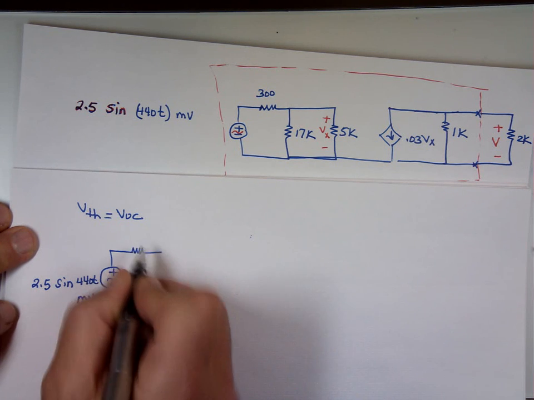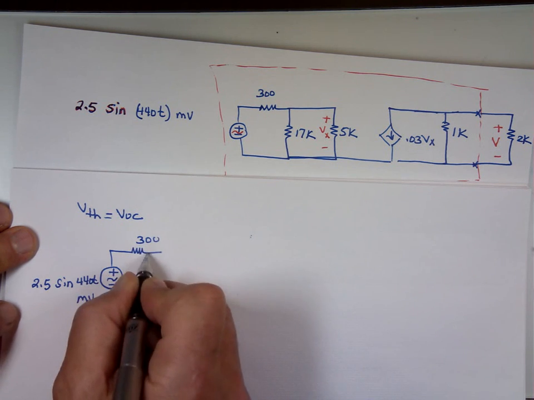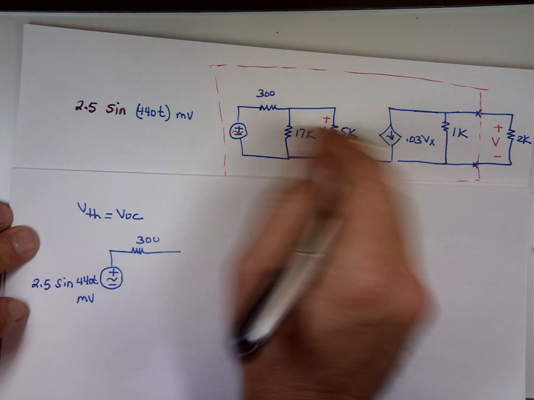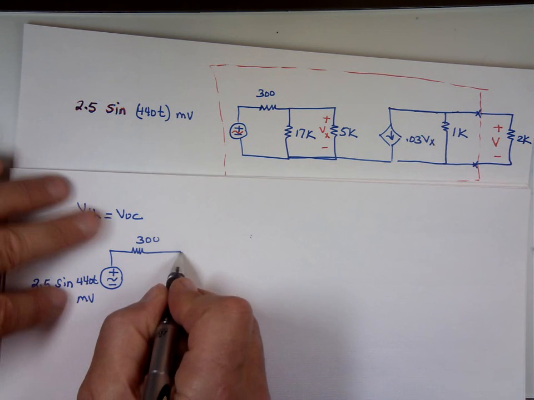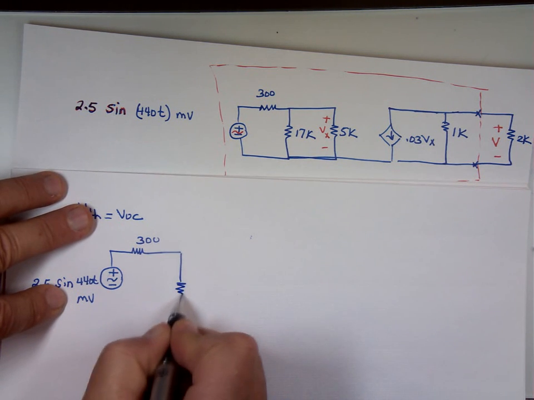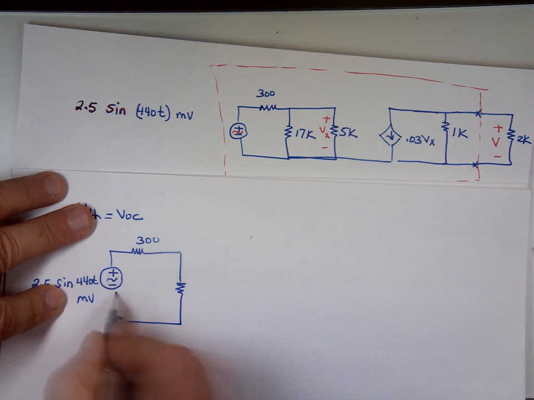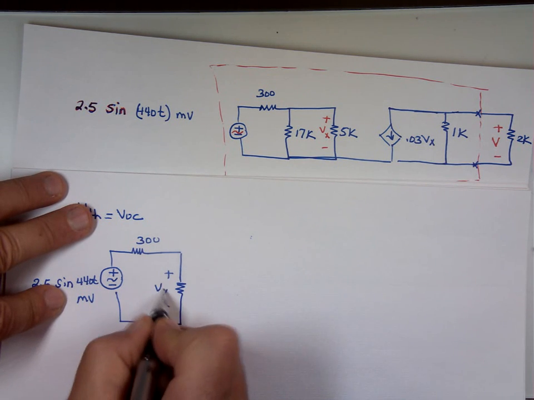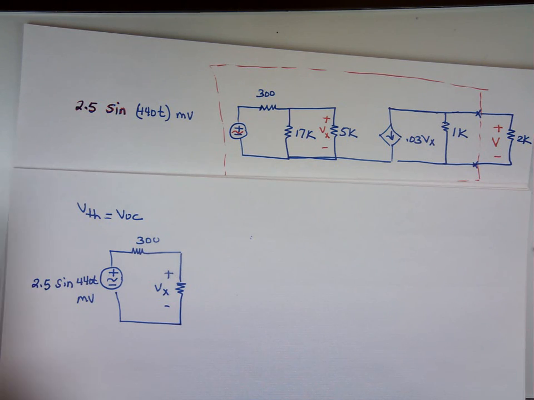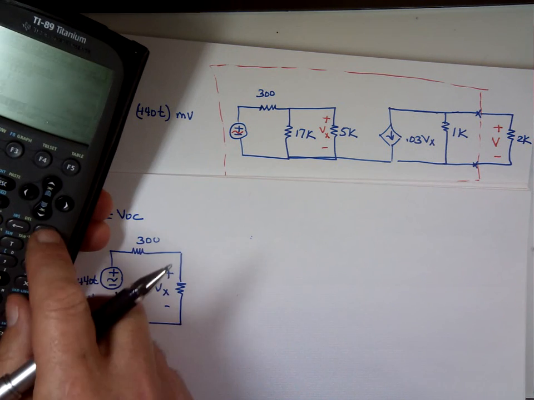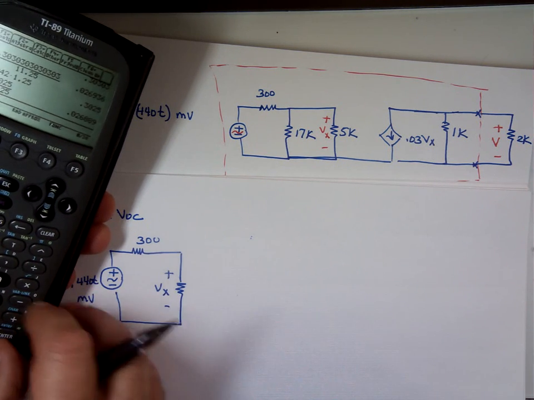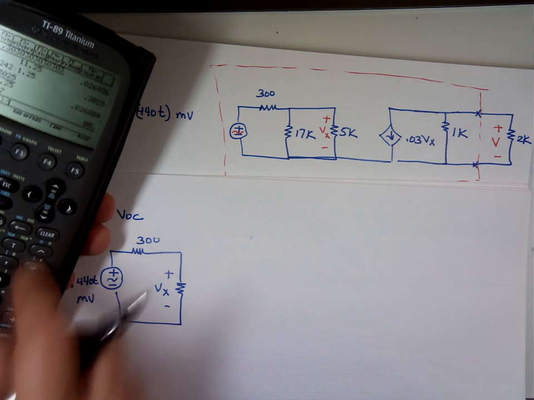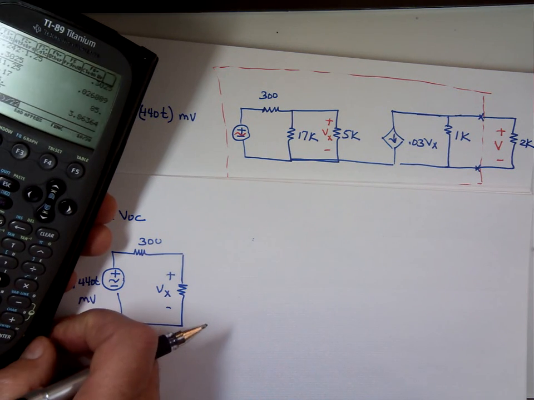300. While we're at it, if I combine these resistors into one, would that change Vx? So let's do that to save some paper. Product over the sum. 5K times 17K over 22K. 5 times 17 divided by 22. 3.86K, right?